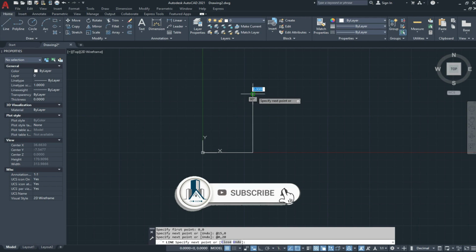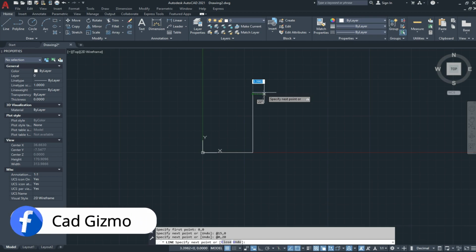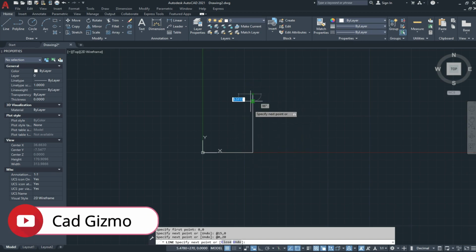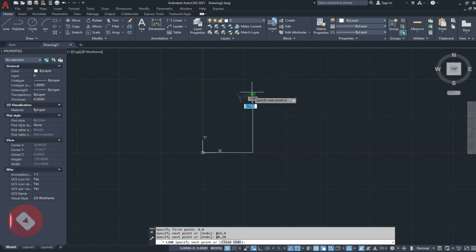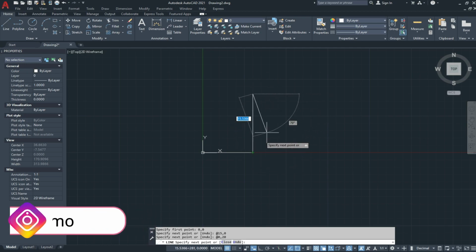Now this 0, 20 value is located with respect to this origin. This value is 0 in x axis and 20 in y axis from this point.